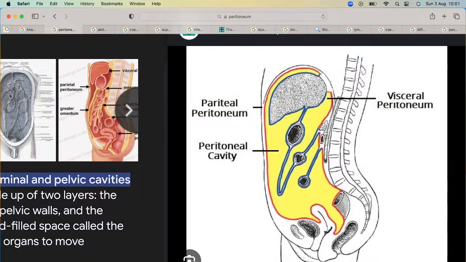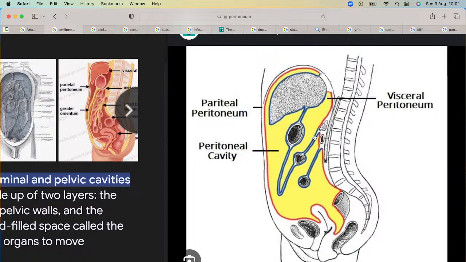From there we have the root of the mesentery. Now the root of the mesentery is the one that gives rise to the parietal peritoneum as well as the visceral peritoneum. The parietal peritoneum is found around the peritoneal cavity, so it's essentially lining the entire cavity itself, as you can see from this picture in red.